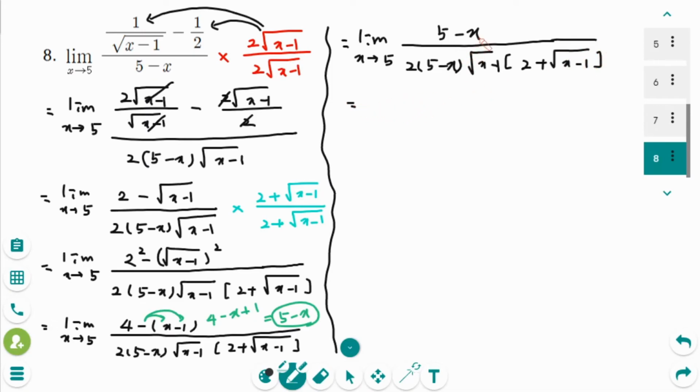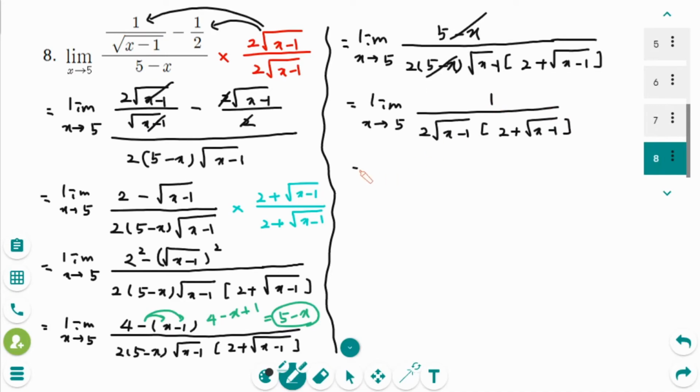And then cancel the common factor. So the limit as x approaches 5 of 1 over 2 times √(x−1) times (2 + √(x−1)). The numerator is 1. And then put 5 into x.